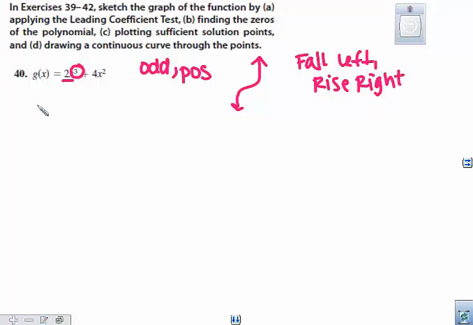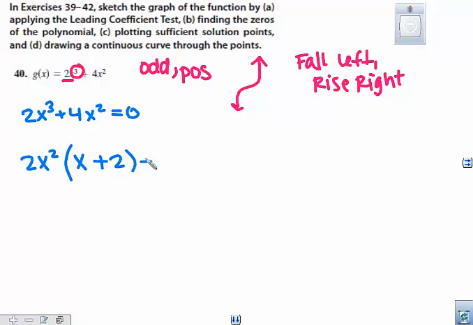Finding your zeros, you set this equal to 0. Here we have a common factor, so we're going to factor that out. We can take a 2x squared out of both of those. That leaves me with x plus 2. Now I can split and solve.